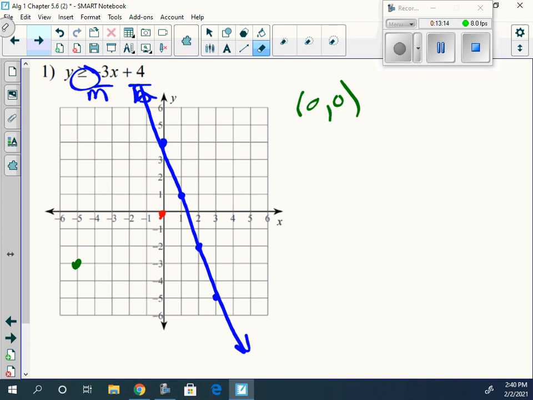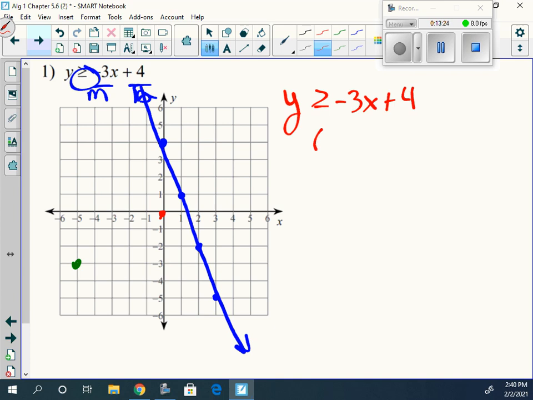So let's start off with checking negative 5, negative 3. If y is greater than or equal to negative 3x plus 4, and I plug in negative 5, negative 3, let's see what we get. Well, I'd plug negative 3 in for y, so we'd have negative 3 is greater than or equal to negative 3 times negative 5 plus 4.